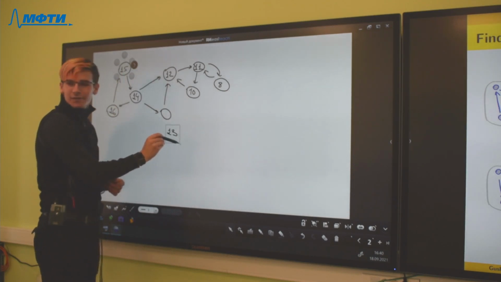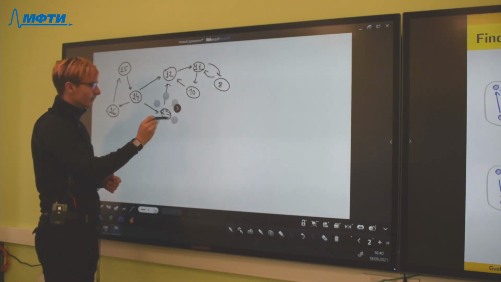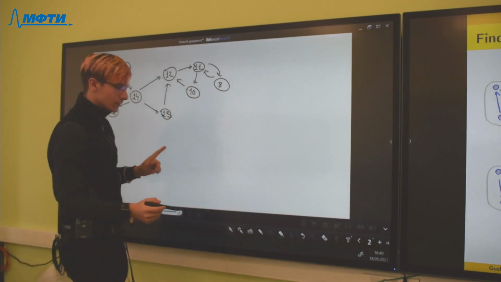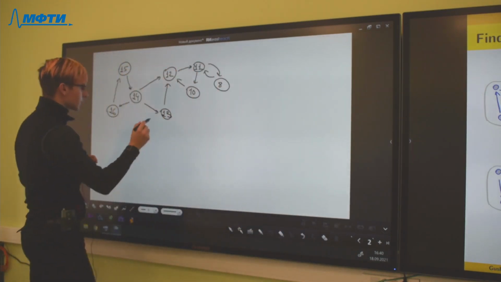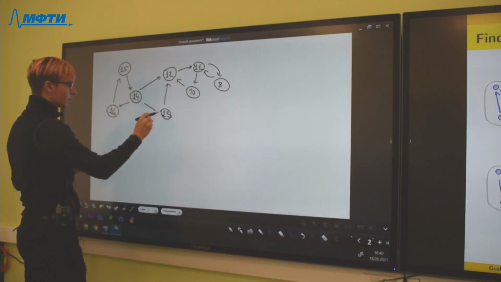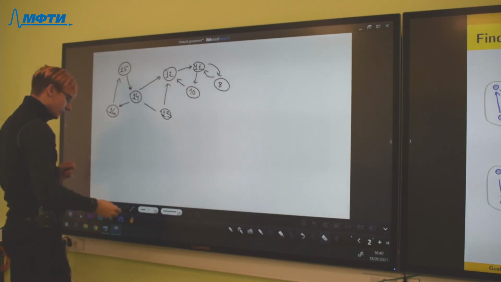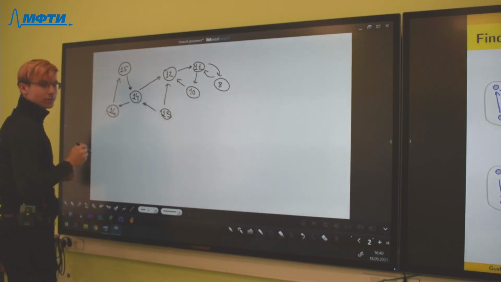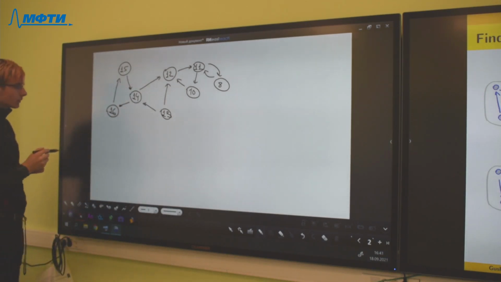Then, what is the second step of the algorithm? Reverse all edges. Yes. So I need to erase the direction and set the other direction for this.